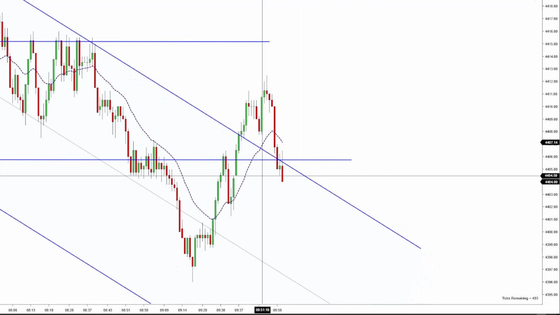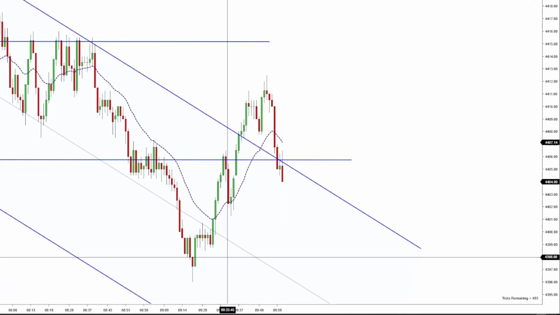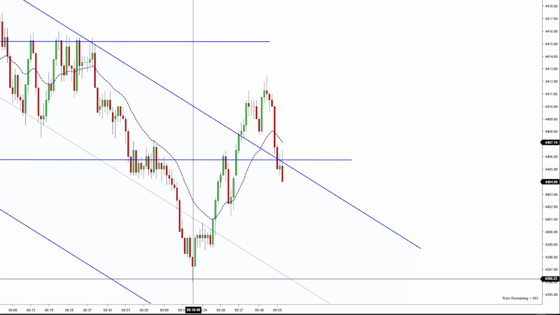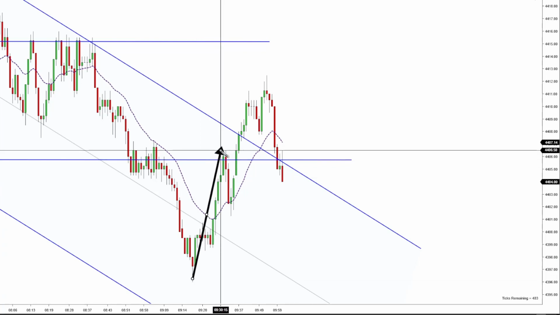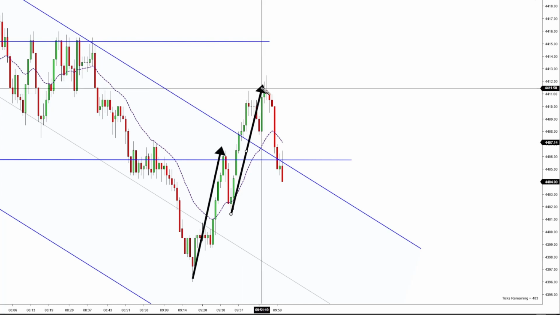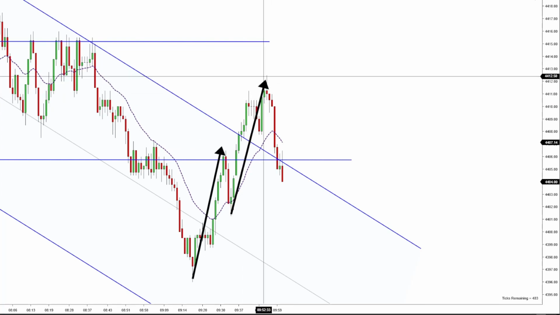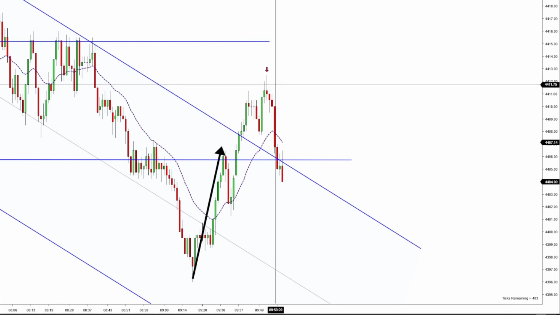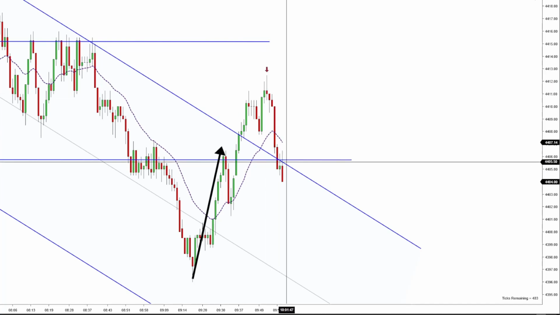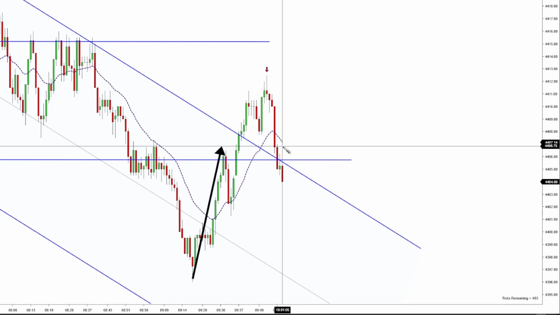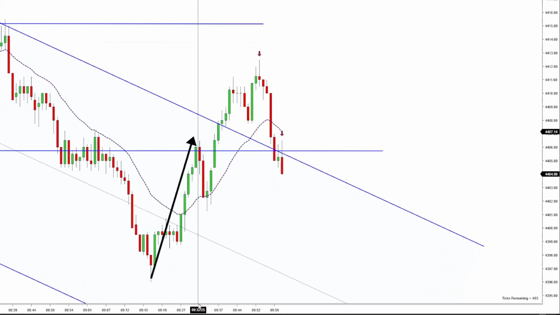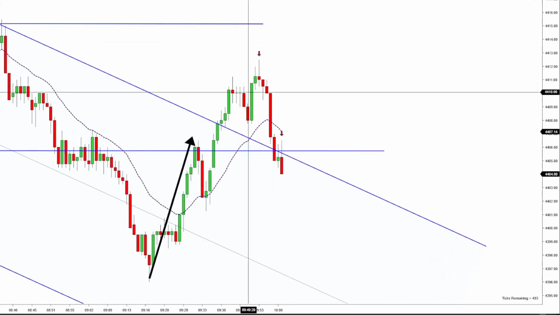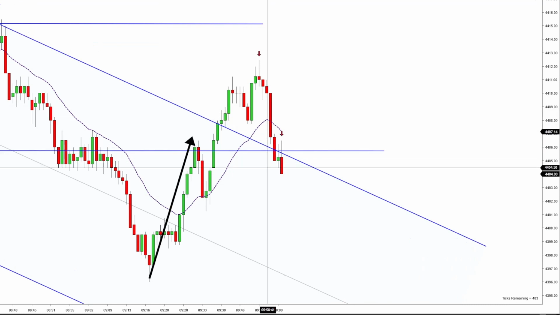So here we do get a lower high. So this is a form of a larger two-legged pullback. We have one leg up here, two legs up here. It's a second entry short. So some aggressive traders might honestly argue for this short here, but the higher probability trade is this lower high, because we have two clear legs up, momentum below the EMA, nice lower high.